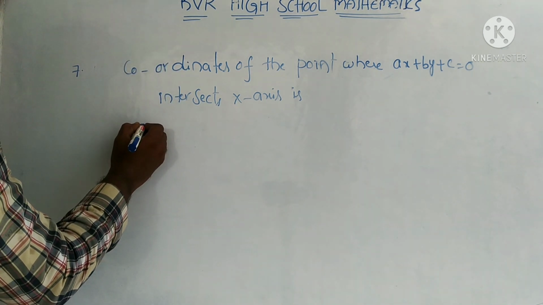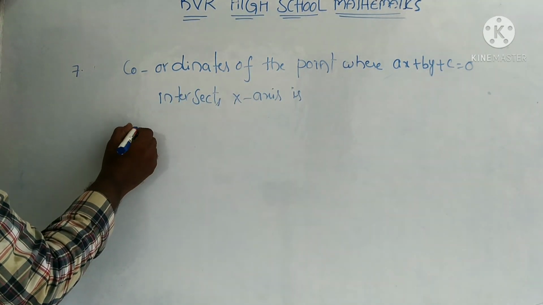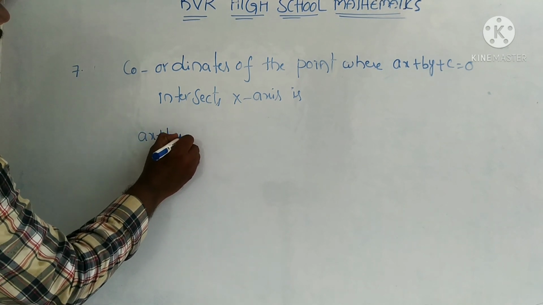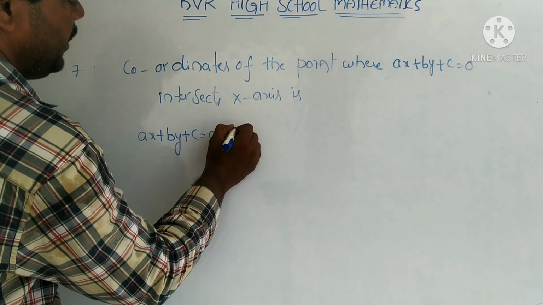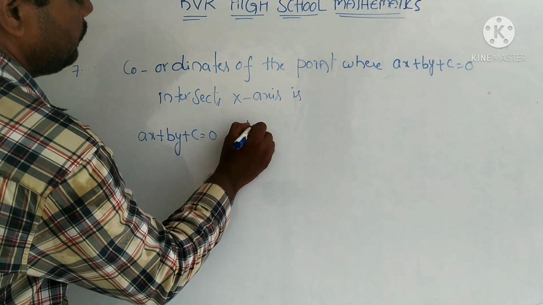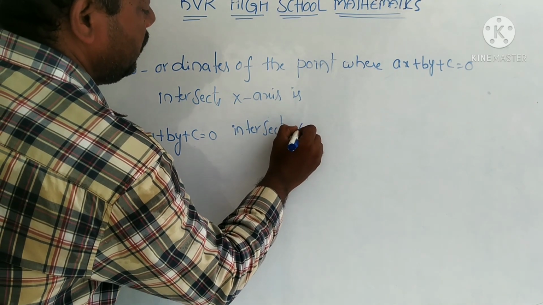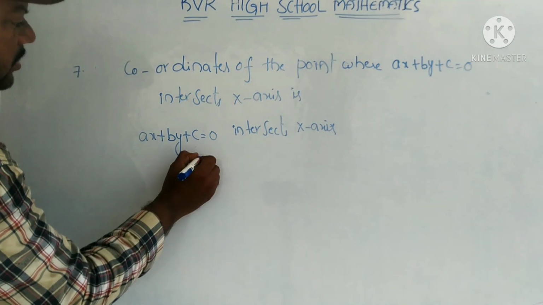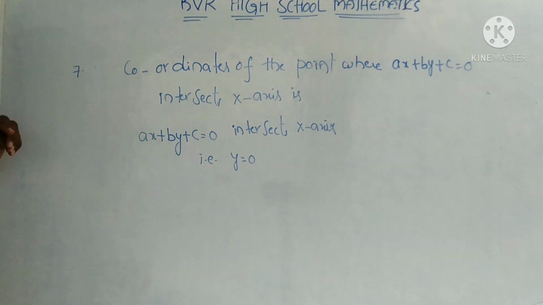Here, the line ax plus by plus c equals 0 intersects the x-axis, so y must be equal to 0.